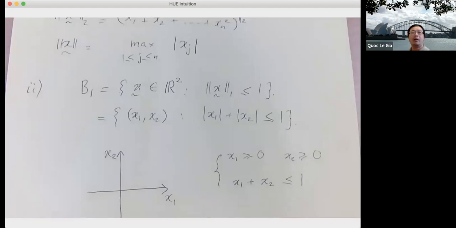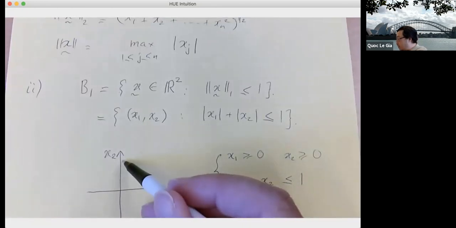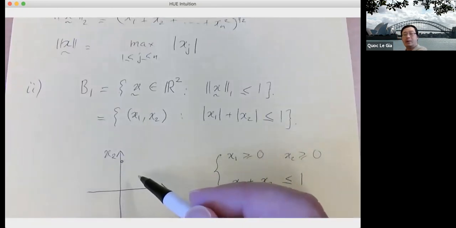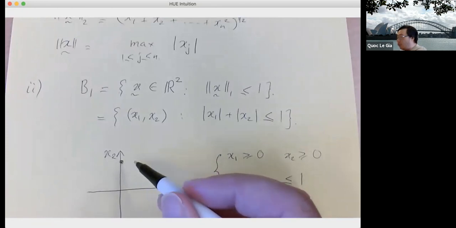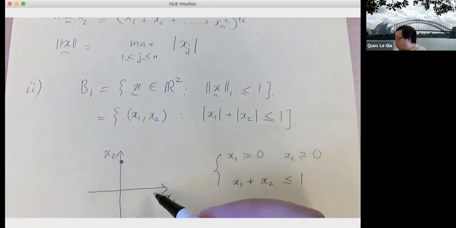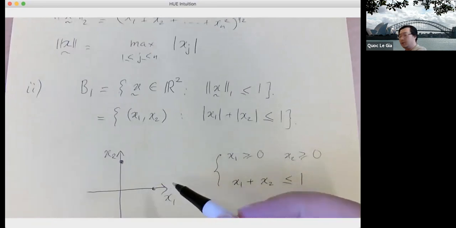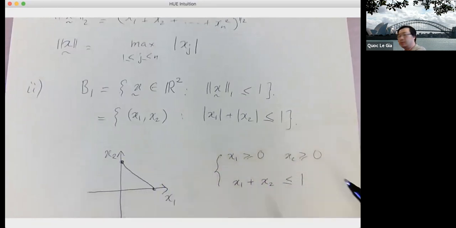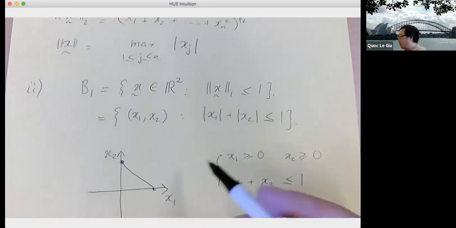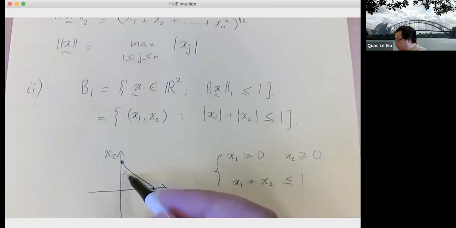This line is such that when x1 equals 0, then x2 is 1, and when x2 equals 0, then x1 is 1. So this is the line that goes through those 2 points. We consider only the first quadrant, and the region that is less than or equal to 1 is this region.